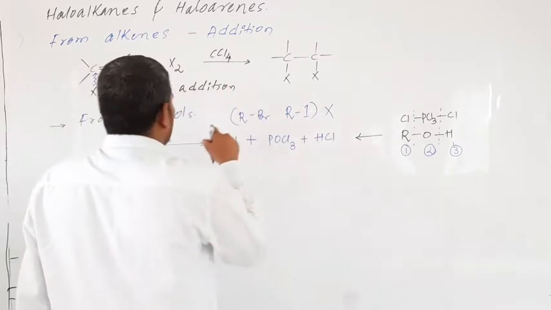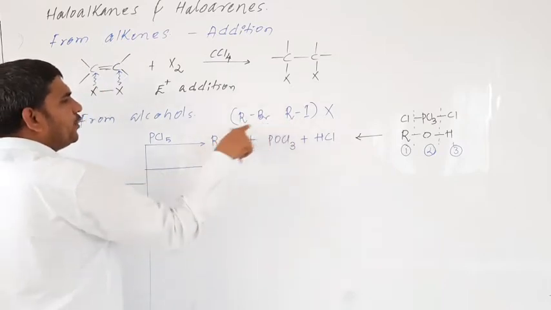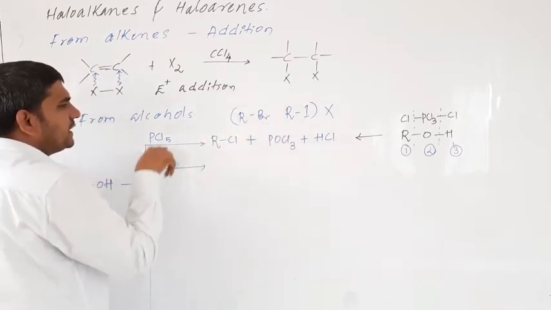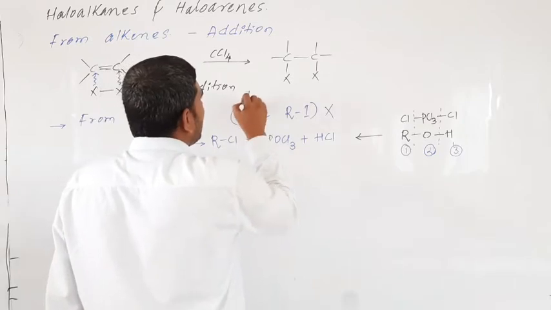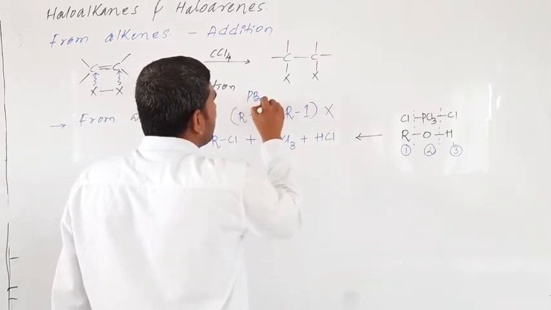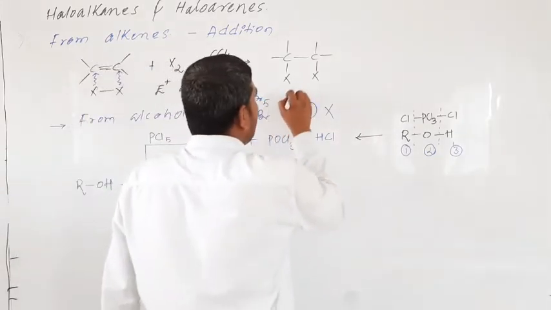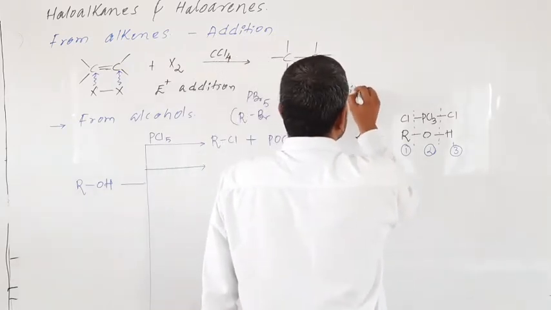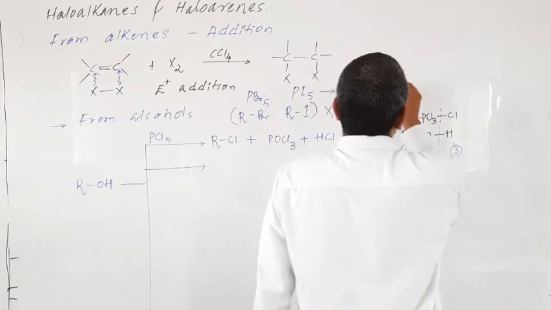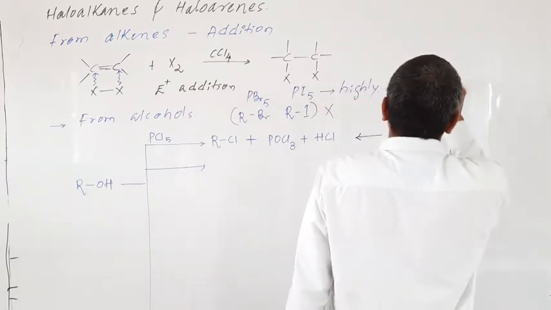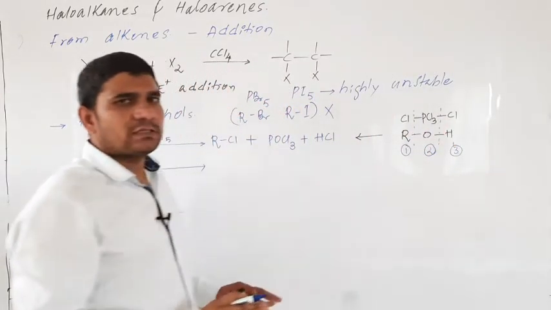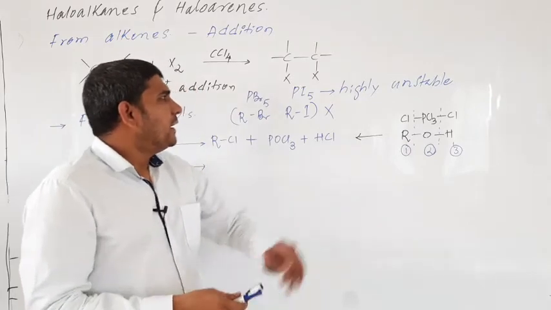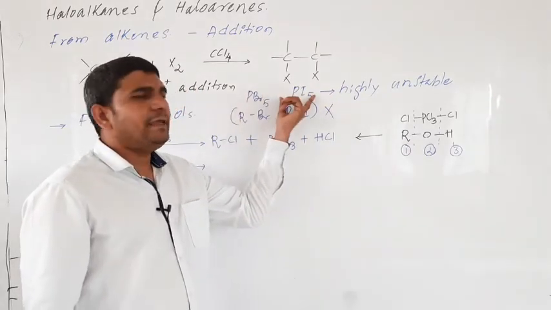Because to prepare bromoalkane and iodoalkane, the reagent should be PBr5 and PI5, but these two are highly unstable. Understood? These two are highly unstable.